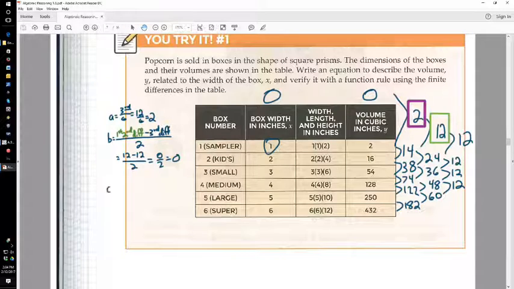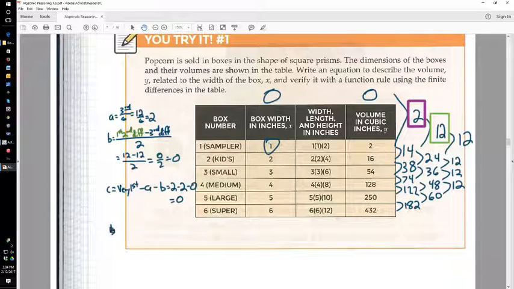Your c value is your very first, minus a minus b. In this case, your very first is 2, minus your a value, which we found earlier was 2, minus your b value, which is 0. So that also equals 0.